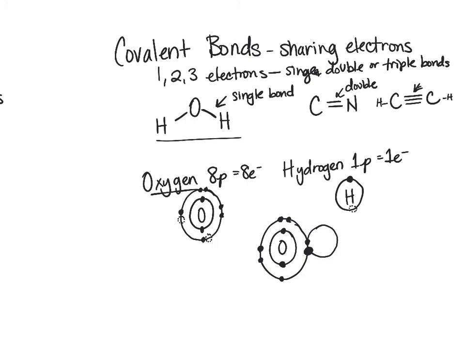So in this case, this was the electron that came from the hydrogen, right? So its 1 electron is going to be shared with oxygen, and then oxygen's electron here that it brought to the party is going to be shared with hydrogen. So these electrons then are going to be flying around both oxygen and hydrogen.